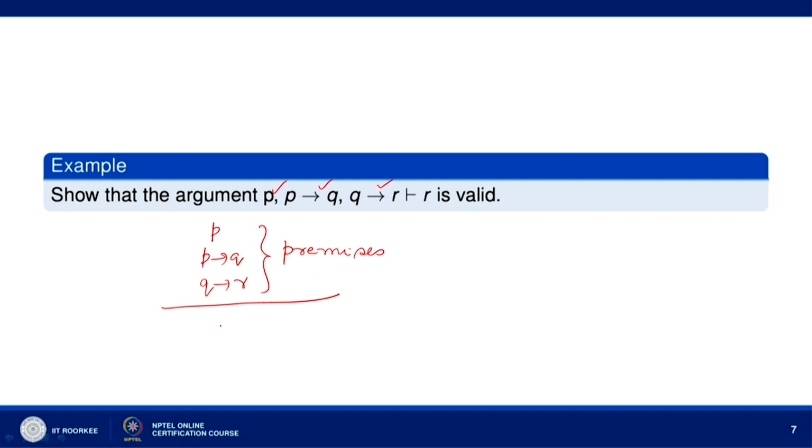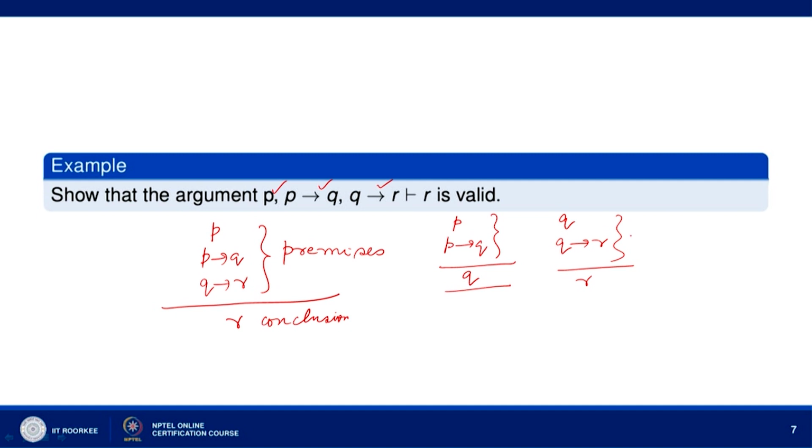The conclusion is R. So, let us prove this by using the law of detachment. So, P and P implies Q. Let us take these two premises. So, by law of detachment, P and P implies Q gives Q. The conclusion Q. Now, let us take Q and Q implies R. So, by rule of detachment again this gives you R.